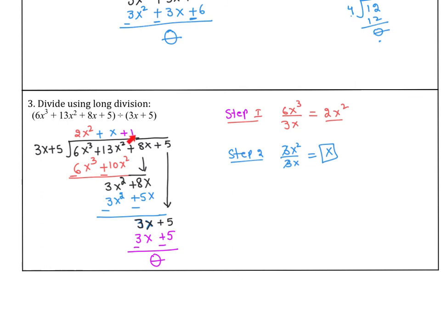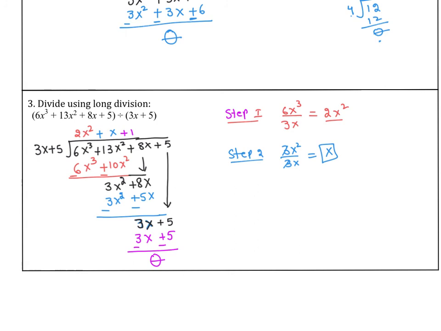So just choose 1 here. 1 times 3x is 3x, 1 times 5 is 5. Change the signs, and you get remainder 0. If the remainder is 0, it means that 3x plus 5 is a factor of this polynomial. That's why it divided completely.